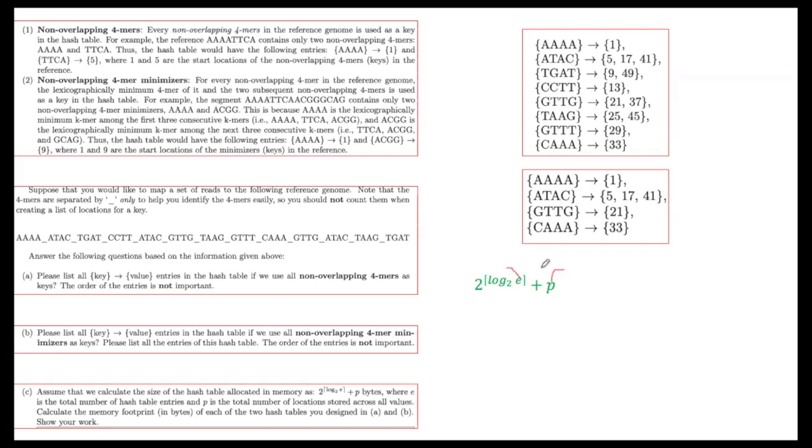E is the total number of hash table entries. For example, the first hash table here, how many entries, which are the number of rows. So how many of them we have? We have 1, 2, 3, 4, 5, 6, 7, 8.